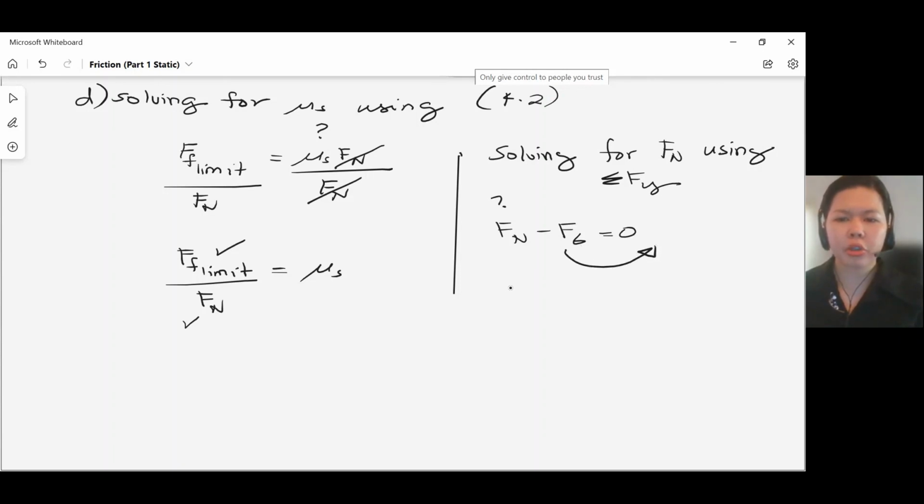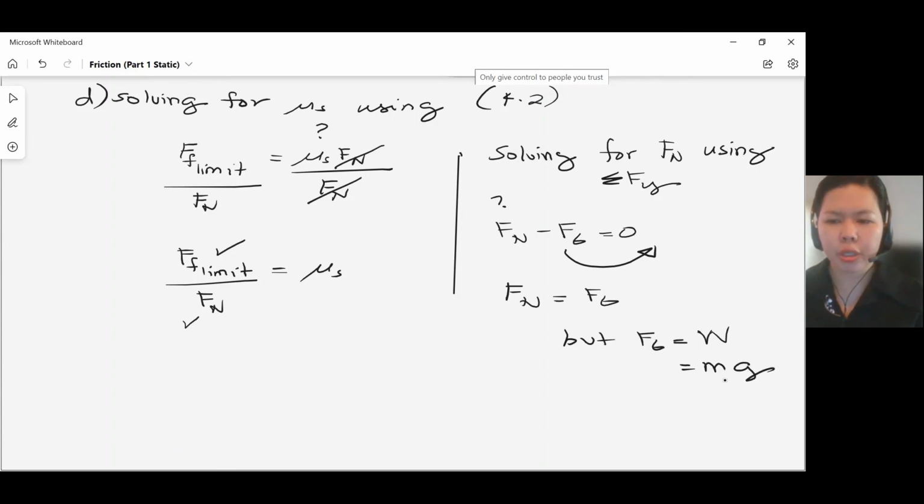So Fn equals plus Fg. But Fg is actually the weight. Another term for gravitational force is the weight, equals mg.